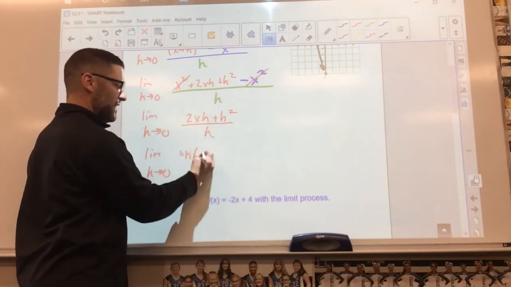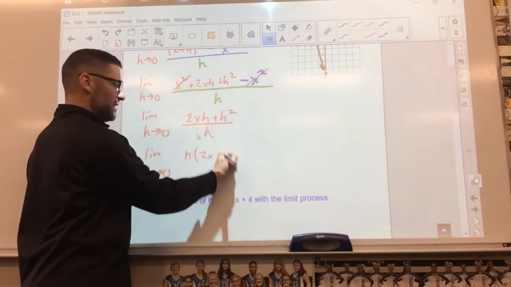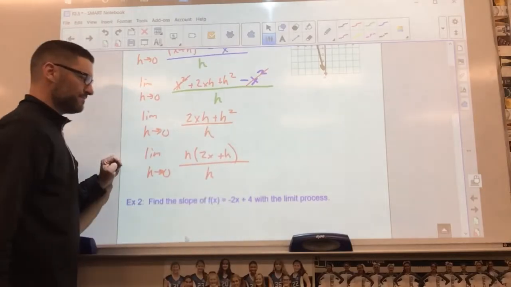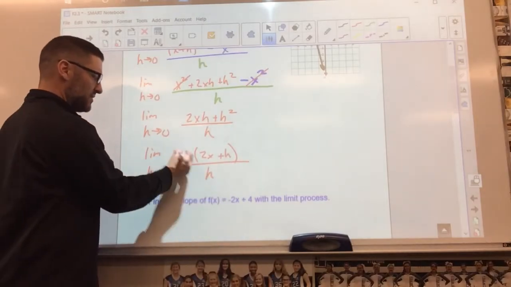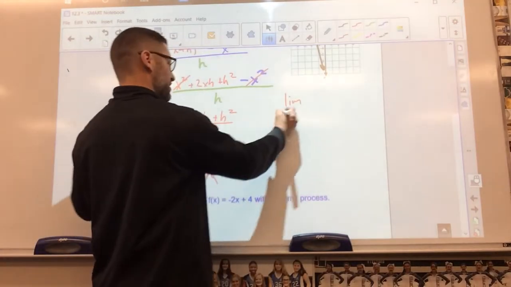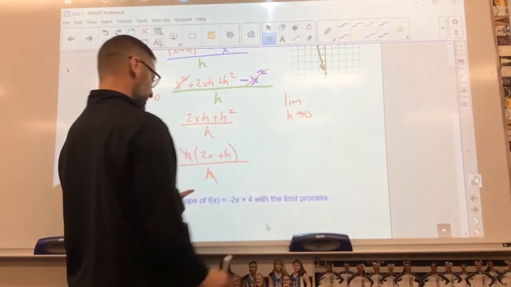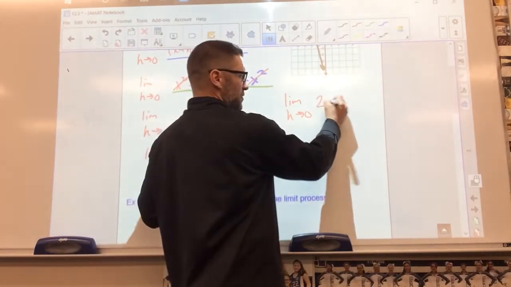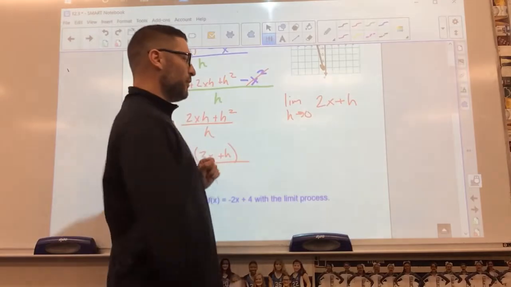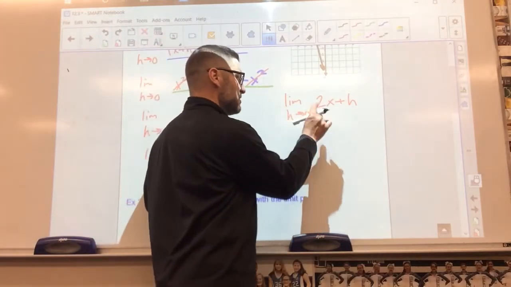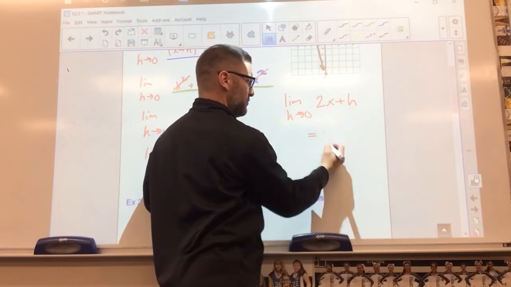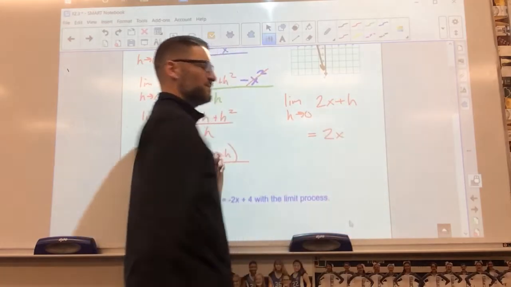If I factor an h out of that, I'm left with 2x. If I factor an h out of that, I'm left with 1, h all over h. The h's will cancel. I want to find the limit as h goes to 0 of what's left over, 2x plus h. I got it into a polynomial format, which means I can use direct substitution by taking the 0 and plugging it directly in. And when I plug the 0 directly in, I get 2x.